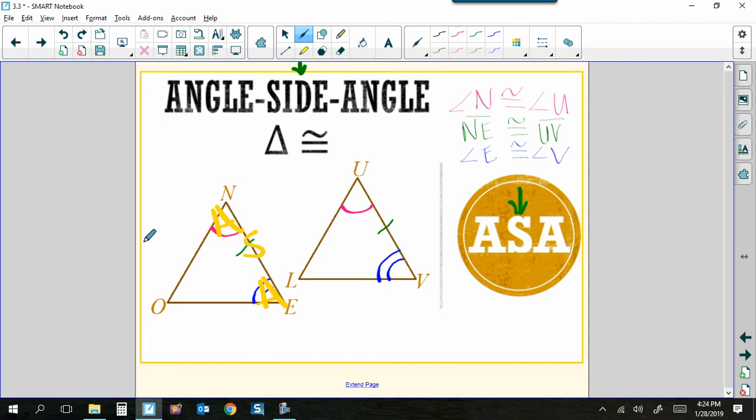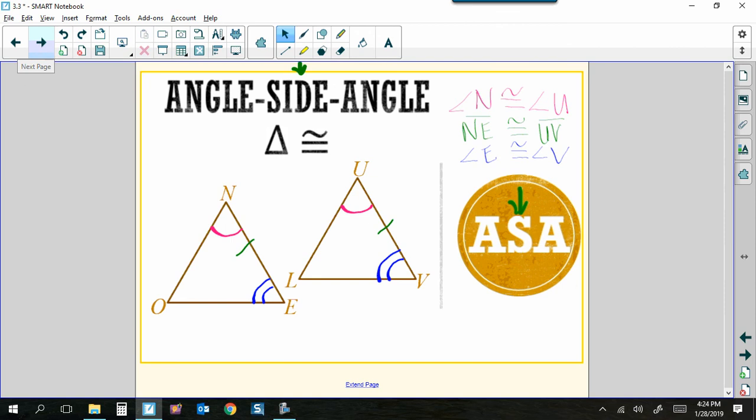So you can see if I read around this in pieces, you have angle, side, angle right down the right side of your triangle. And if you need to do that on any of your diagrams just to help, you can absolutely do that.